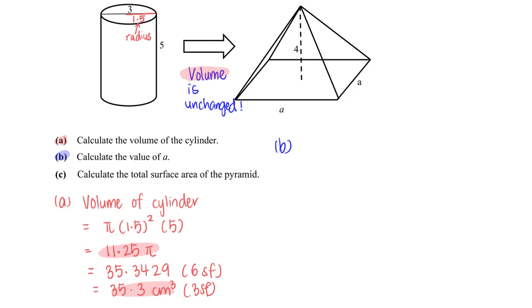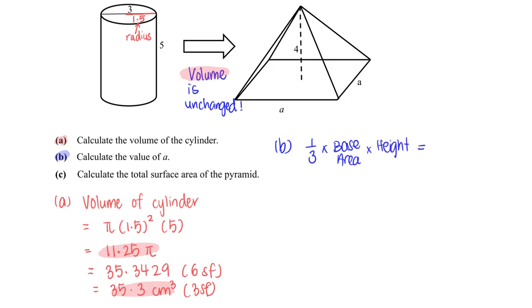So for the pyramid, please remember, the volume of a pyramid is 1 over 3 times the base area times the height of the pyramid.